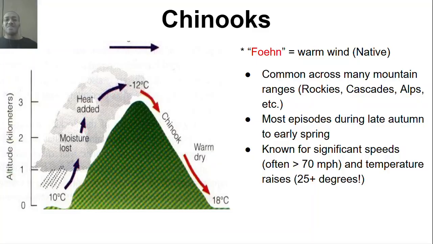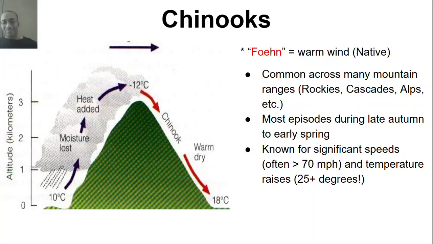Chinooks have also been given the name snow eaters because as they descend, they can warm up pretty drastically. For example, here, for a mountain that's 3 kilometers high, the temperatures can shift from -12 at the top up to 18 degrees Celsius.